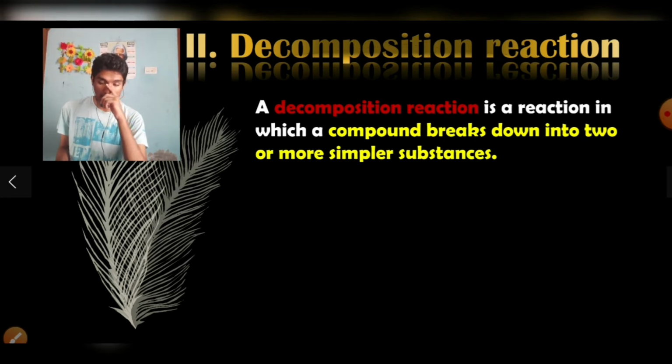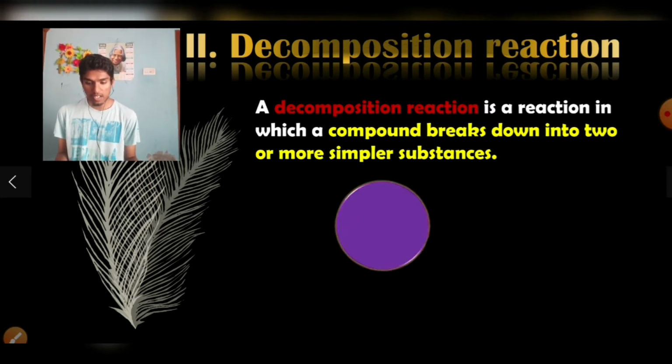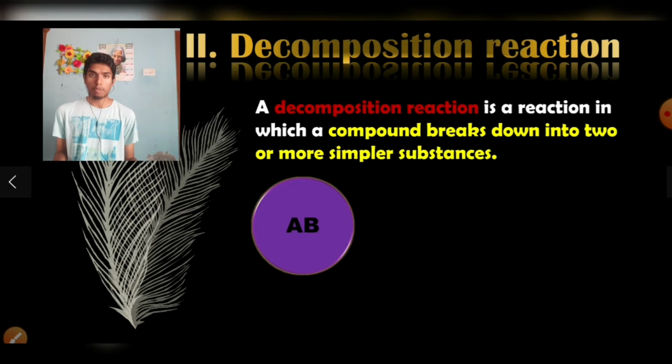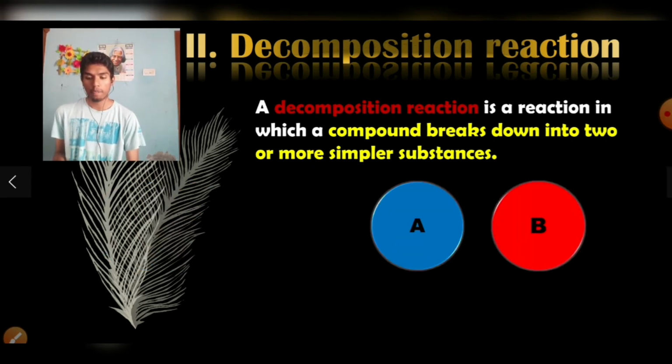So again, I am taking AB that I formed from A and B. This AB splits into A and B. This is how a decomposition reaction works. So let us see the examples of decomposition reaction now.